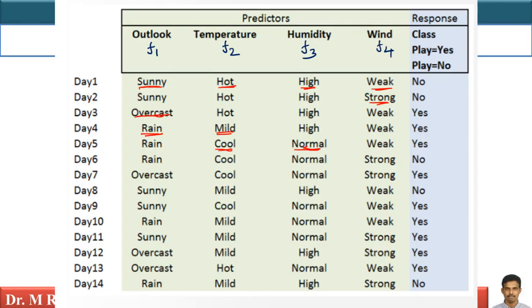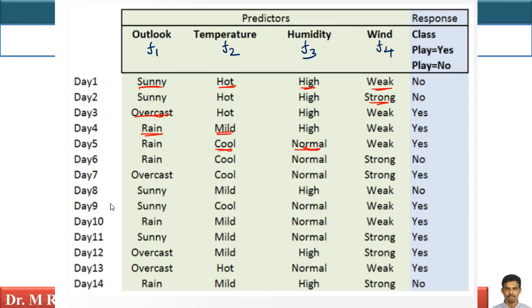Feature 2, that is temperature: how many possible values are there? 3. Hot, mild, cool. How many values for humidity? There are 2 values: high humidity, normal humidity. How many possible values for wind? There are 2 possible values: weak and strong.